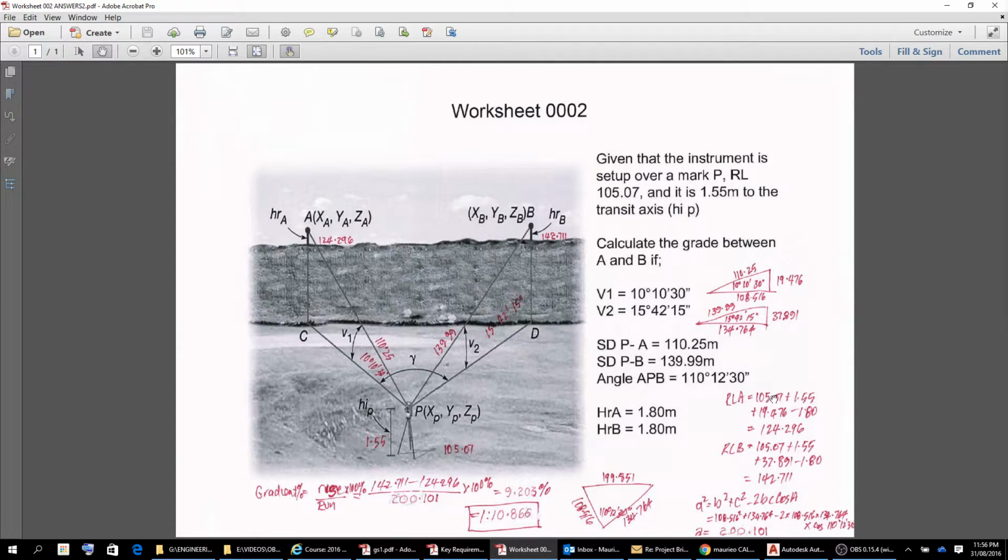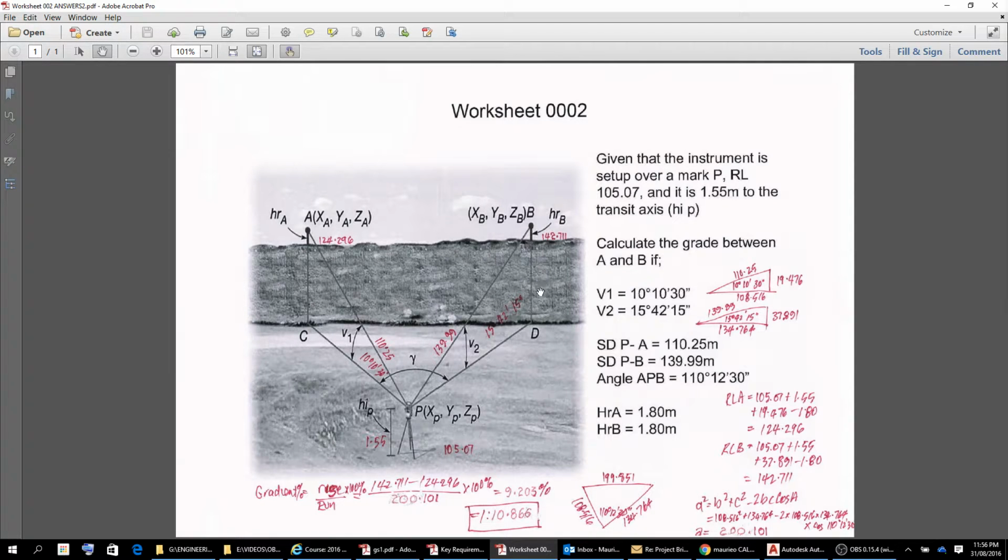So just take that again. The RL, or the height above sea level of A, down here at the ground. Then we go up to the instrument height, and we can go along horizontal up to the top of the prism, and then back down to A. And similarly at B, we start at 105.07 up to P here, and then that's horizontal there, no change in height, up to B, which would be the 37.891, and then drop down the minus 1.8, 142.771.